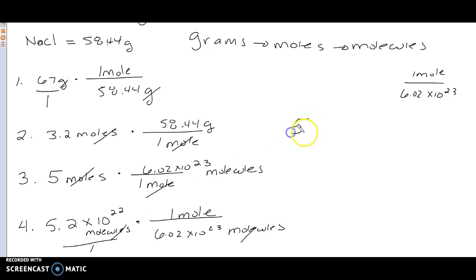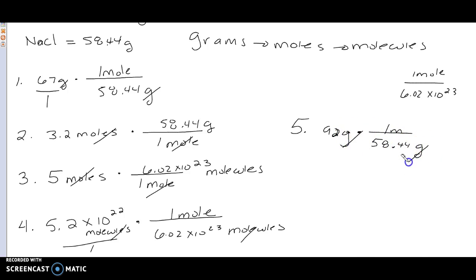Number 5 is how many molecules in 92 grams of sodium chloride. So this is going to be a double stepper because I'm going from grams to moles to molecules. I can't skip steps in this case. I have to go from one to the next. And so in this case, I'm starting with 92 grams. The first thing I need to do is get to moles. In order to do that, I need to cross off grams. And I know from above that the molar mass of sodium chloride is 58.44 grams, and that's equivalent to 1 mole.